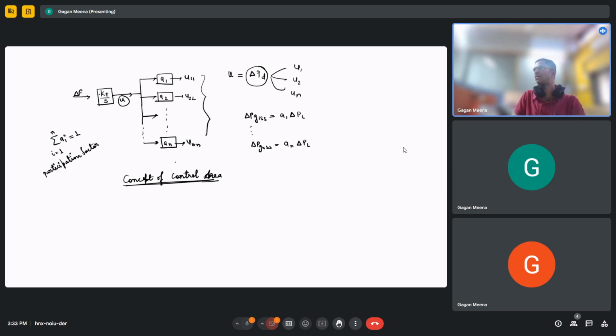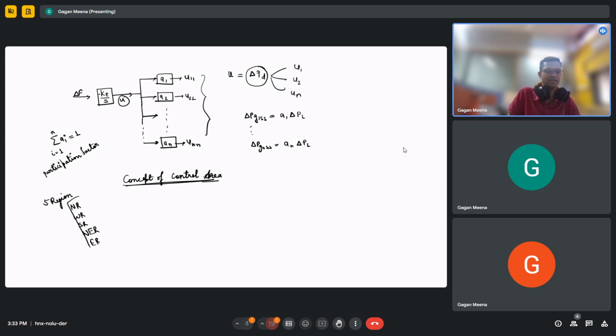What we studied up to here was for a single area, but actually the entire system is divided into a number of small areas. For example, the Indian power grid. We have five regions: the northern region, western region, southern region, northeastern region and eastern region.